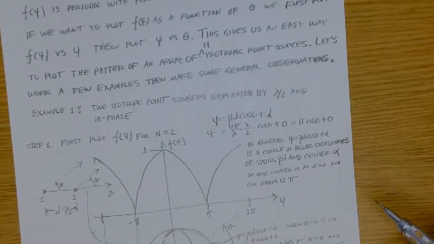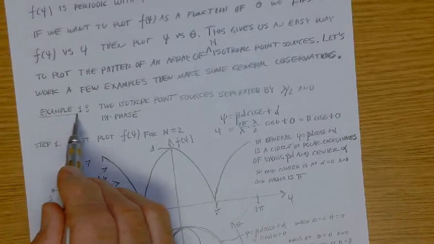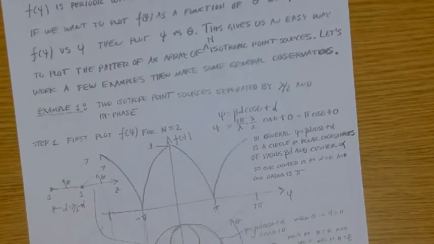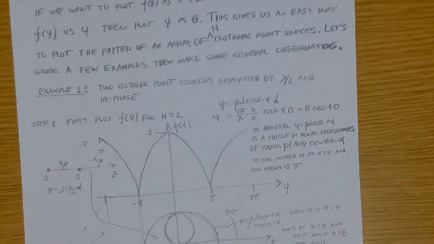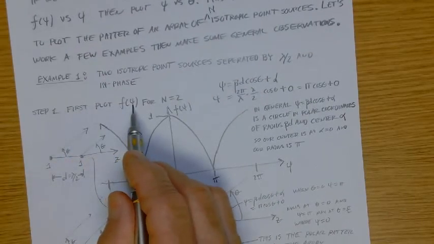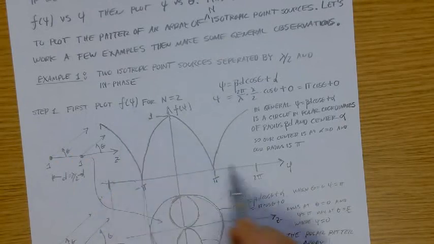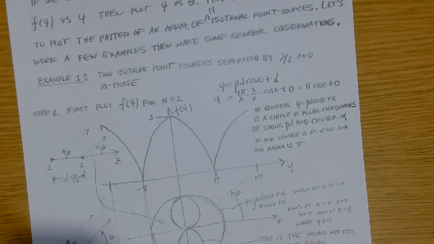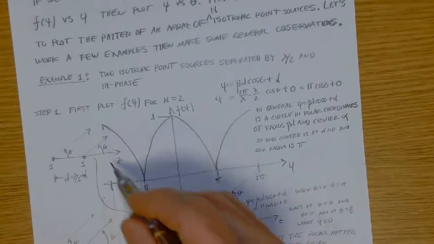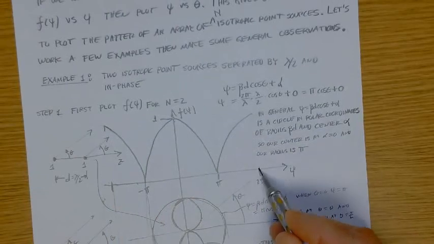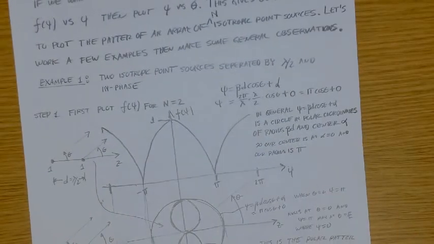Okay, so let's do example one, as simple as we can make it. We're going to have two isotropic point sources separated by a half wavelength, and let's put them in phase. So step one, first plot f of psi versus psi for n equals 2. For the n equals 2 case, it looks like this. Easy to plot. You can plot this in MATLAB in a straightforward manner.